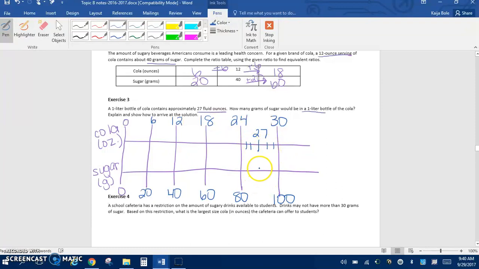So that means we are going to look right in the middle of the 80 and 100, and right in the middle of that is 90. So our answer would be 90 grams of sugar. That's number 3.